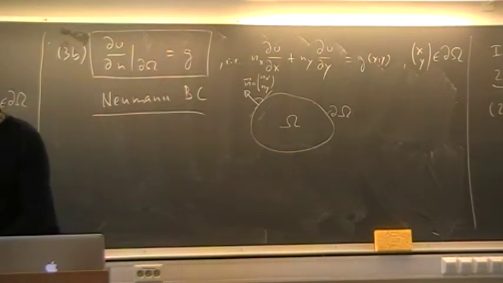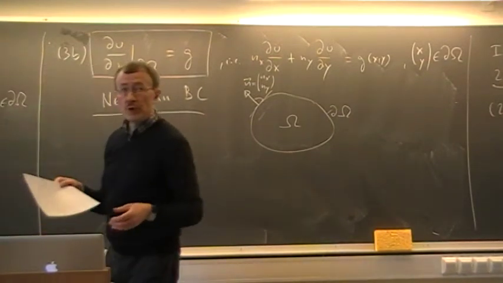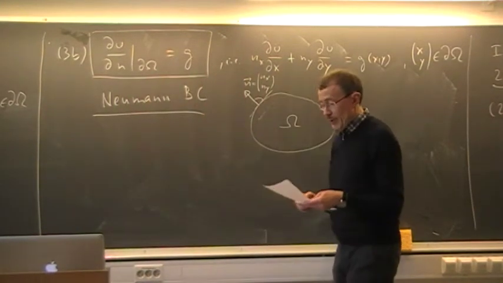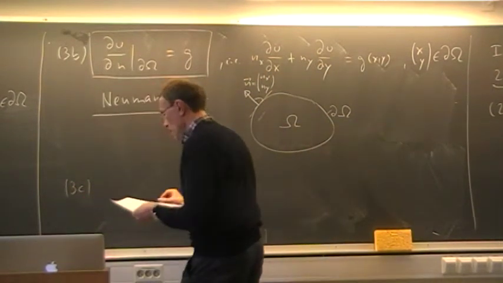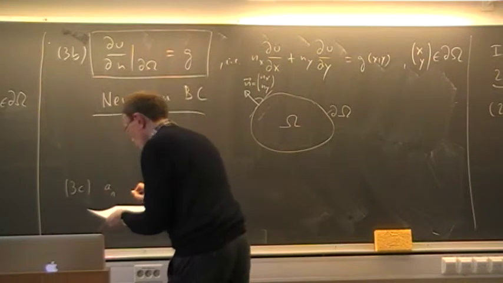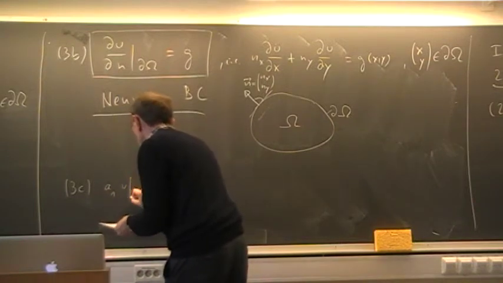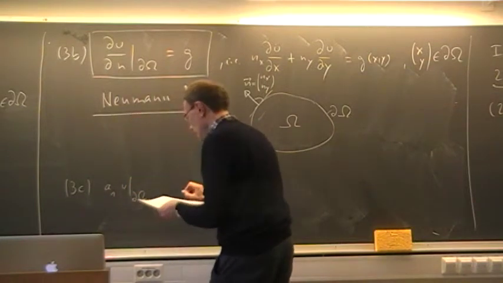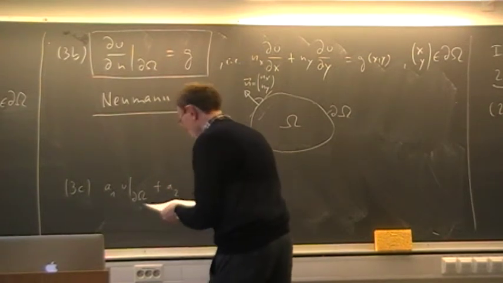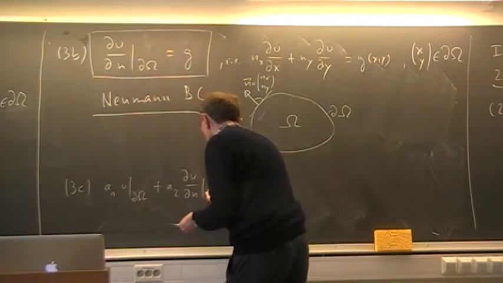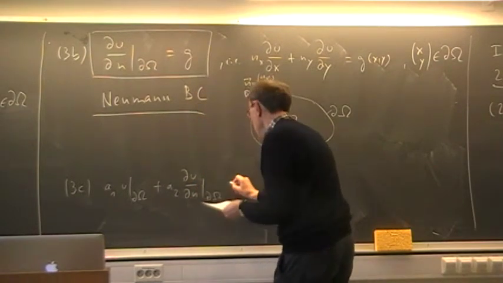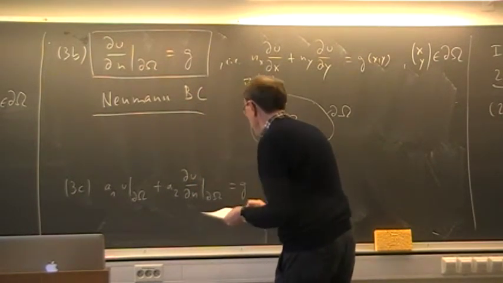And we can combine these two to give the so-called Robin boundary condition. So it is the new one that we have not yet seen. We have A1 times the solution on the boundary plus A2 times the normal derivative on the boundary, equal to some function g.